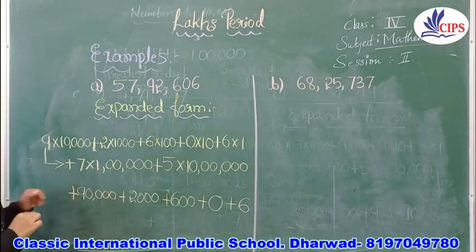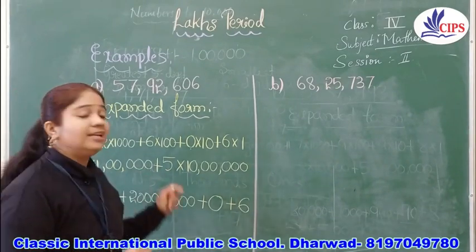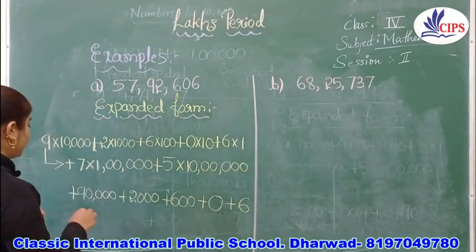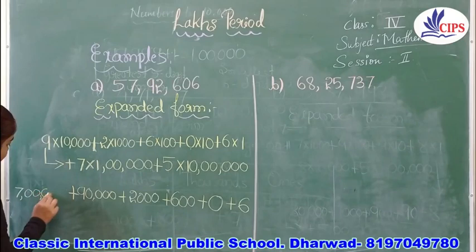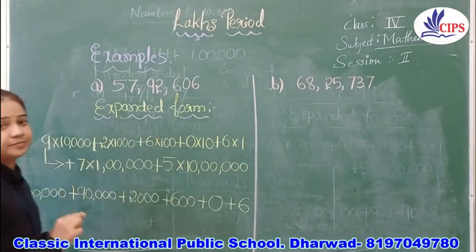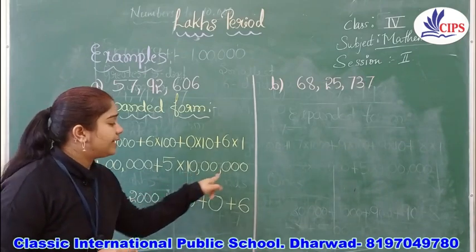Right? Next, 7 into 1 lakh. Okay? 7 into 1 lakh. We'll write here 7 lakh. Next, 5 into 10 lakh.